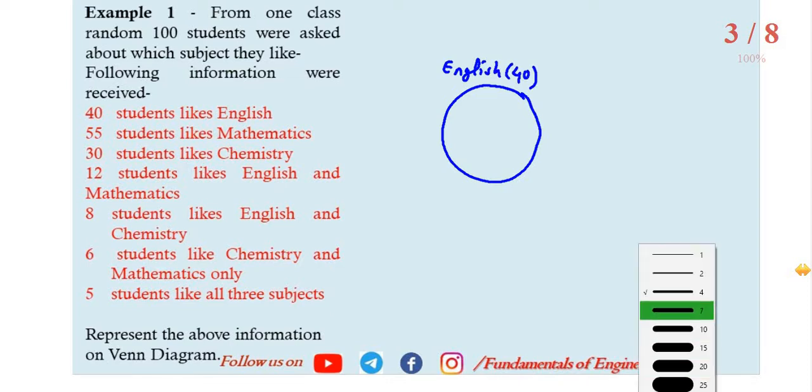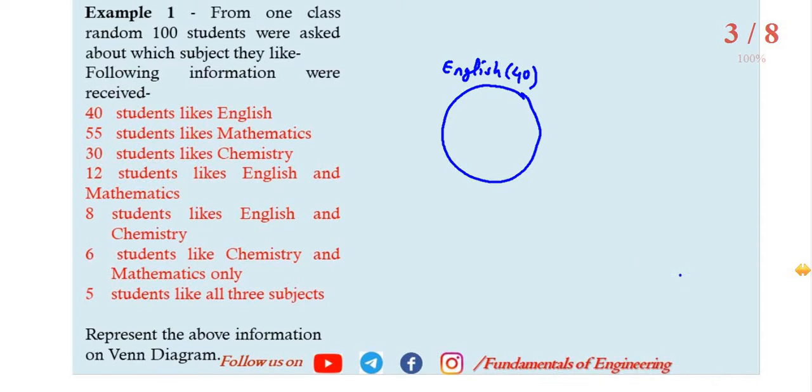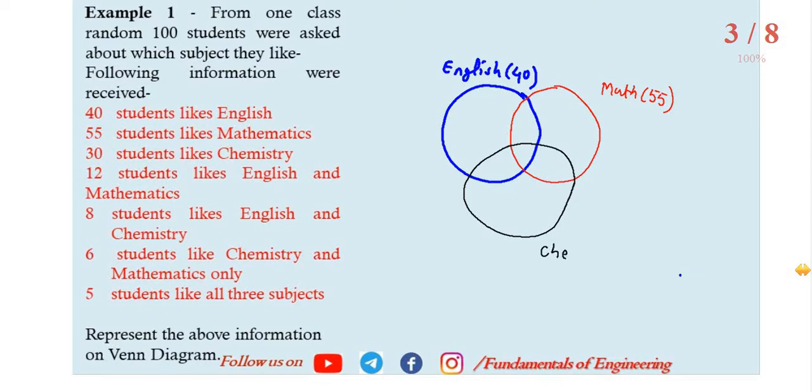I will use another color to draw the circle showing the students who like mathematics. How many? 45. And the third subject is chemistry, so I will draw another circle showing chemistry. How many? 30 students.